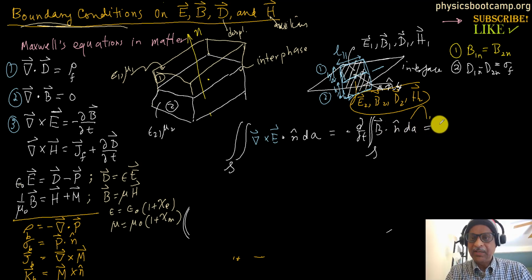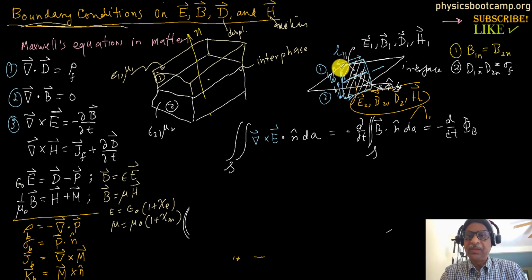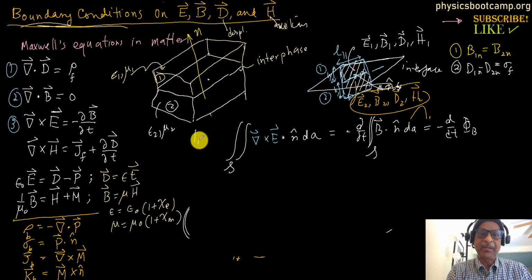So the right side is going to be minus d/dt of the flux of B. Eventually we want to take the limit h goes to 0, because we are interested in things happening at that point above and below. So what will this be?